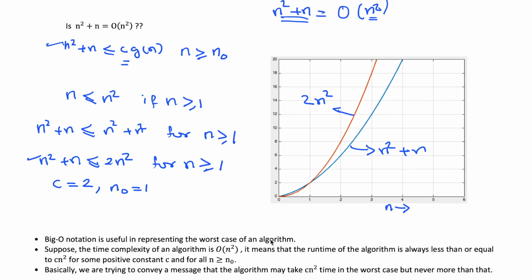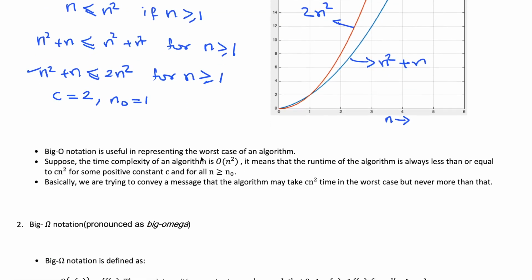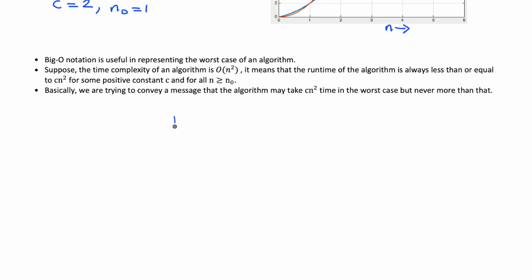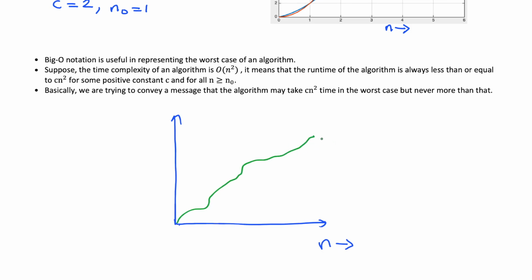To make the drawings general, suppose that these are my axes. So this is how the value of n changes, and you have a graph for f of n. Suppose that this is the graph for f of n. So let me write it as f of n. And you have another graph c into g of n. So let me say that this is c into g of n. And you can see that after some point n, let me call this one n0.